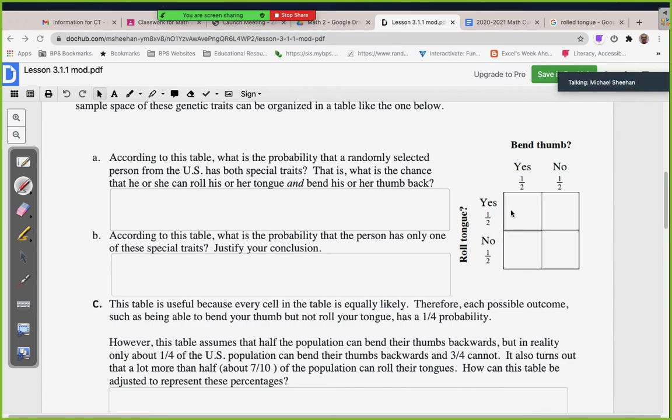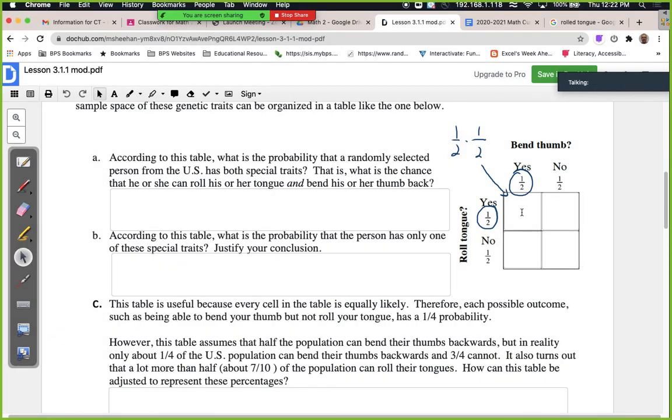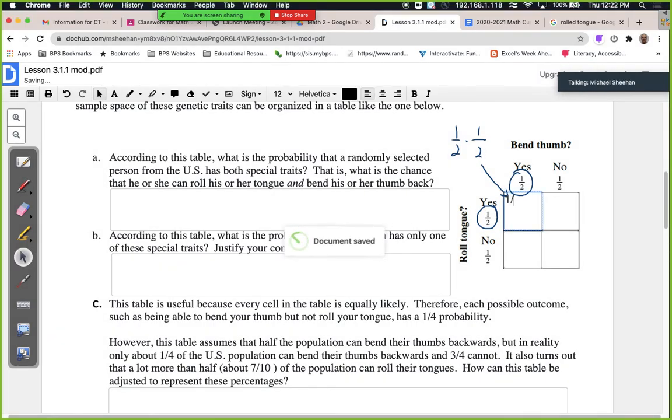So how many people can do both? Half of a half. So it's going to be 1/2 times 1/2, which is 1/4 of all people. So in here, 1/4 of all people can bend their thumb and can roll their tongue.